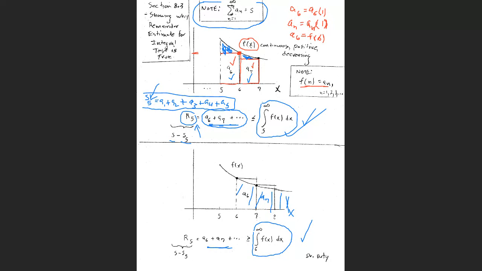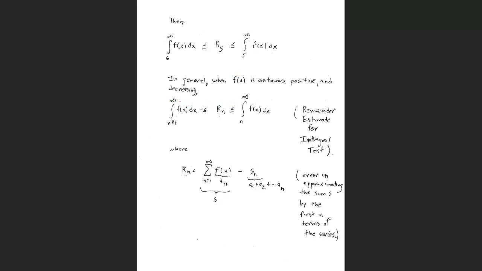So what we're saying then is that the remainder r sub 5, the error in approximating the infinite series with the sum of the first 5 terms, is between these integrals, and we just showed it on the previous page.